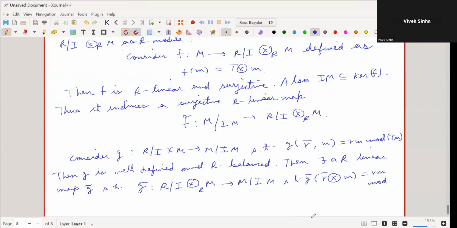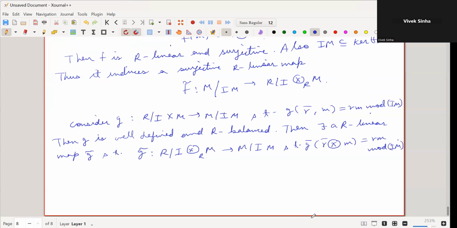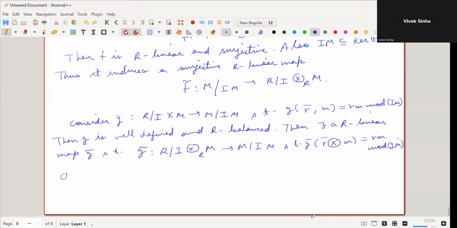This is by the universal property of the tensor product. One just needs to check that F-bar and G-bar are inverses of each other. So this means A is correct and B is not correct.